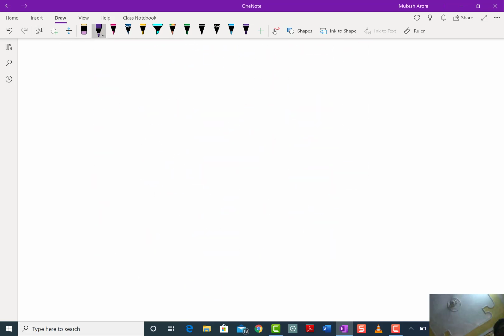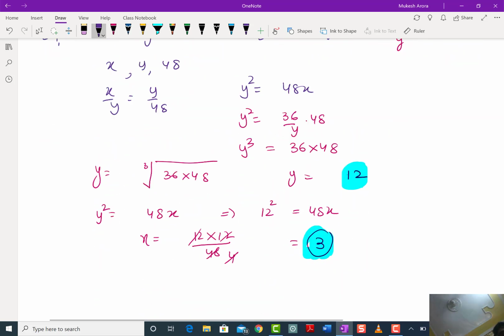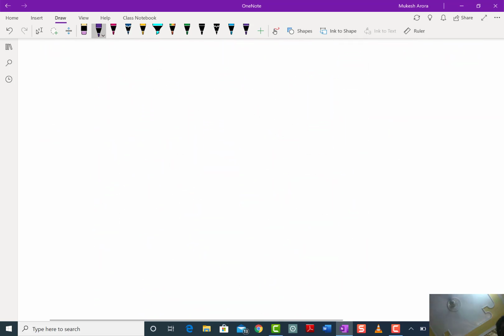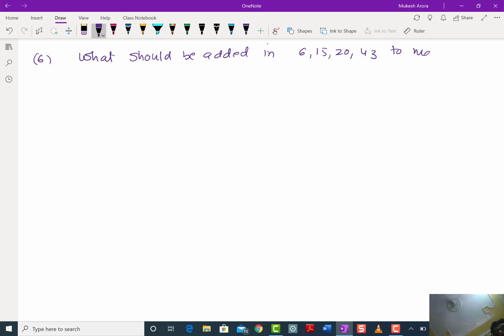Another question is, what should be added or subtracted in 6, 15, 20 and 43 to make them proportional?